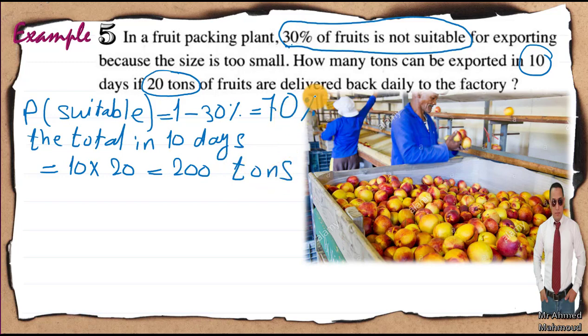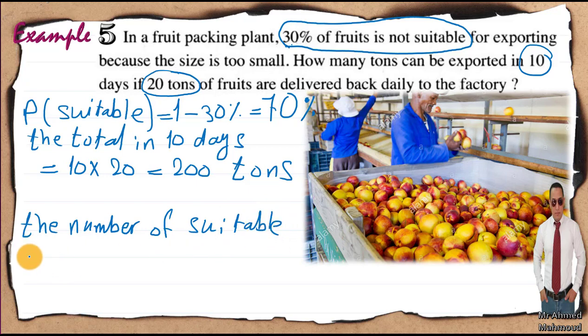Okay, now I have the probability equal 70 and I have the total equal to 100. I can evaluate the number of suitable tons.